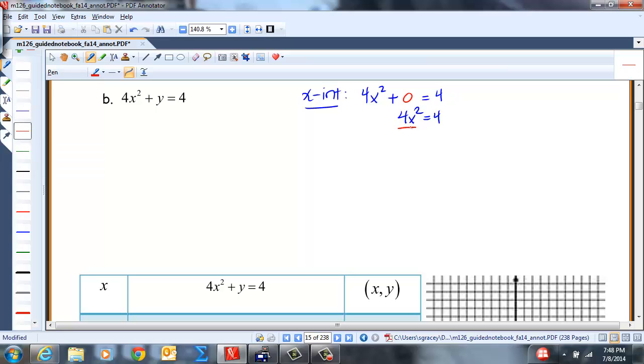If we divide both sides by 4, then we end up with x squared is equal to 1. Now, again, another skill from intermediate algebra, we square root both sides. We get a result of x is equal to plus or minus 1 by the square root property. So our x-intercepts will be at -1, 0, and 1, 0.